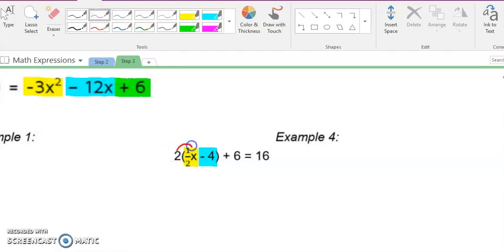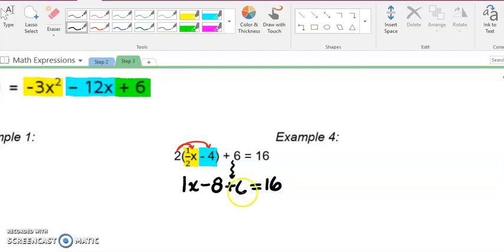And when the 2 distributes, it multiplies by each term in the parentheses. 2 times 1/2 is simply 1x. 2 times negative 4 is negative 8. I'm going to bring down the plus 6, and it equals 16.